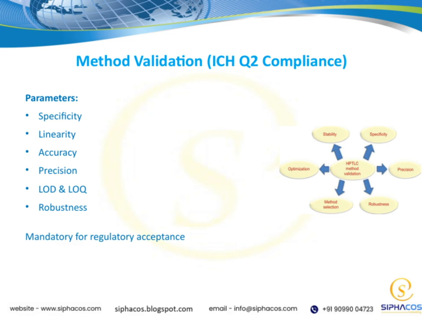These parameters tell us the smallest amount of analyte we can detect and quantify with confidence. They are especially important when dealing with trace levels. Finally, robustness. This assesses how resilient our method is to slight variations in experimental conditions. A robust method ensures consistent performance even if some parameters change slightly.